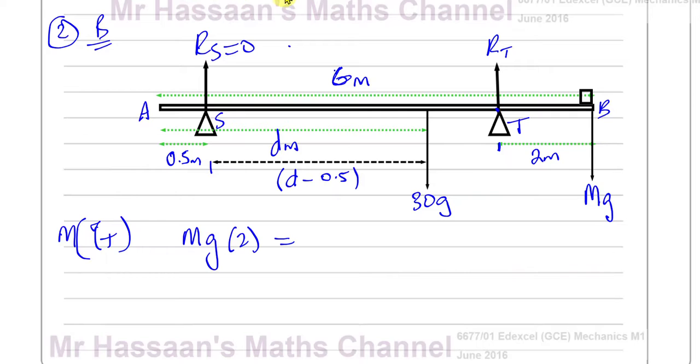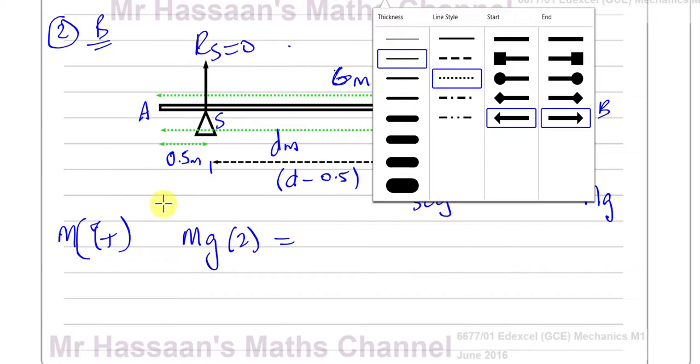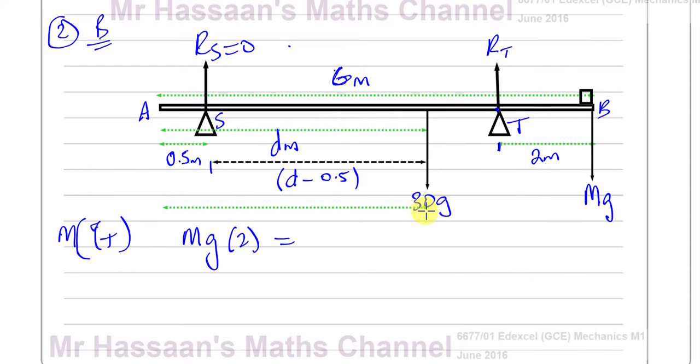So let's have a look at this and try to figure it out. I know from here to here is D, and I know that the distance from T to here is 2 meters. We need to know what this distance is in terms of D. So let's work out what that is.